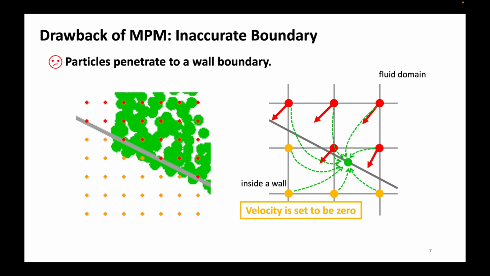And the particle references the neighboring 3x3 grid points whether they are inside a wall or not. Although the particle's velocity should also be 0 on the boundary, it is often largely affected by non-zero velocity grid points. Therefore, the particle's velocity becomes non-zero and penetrates the wall boundary.